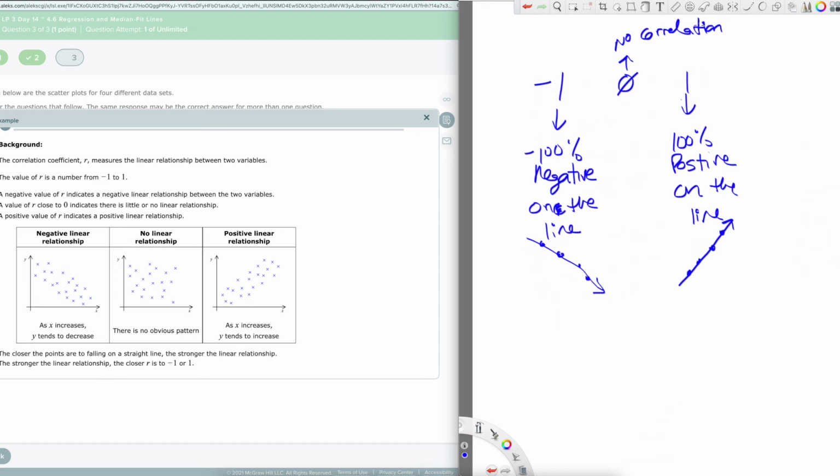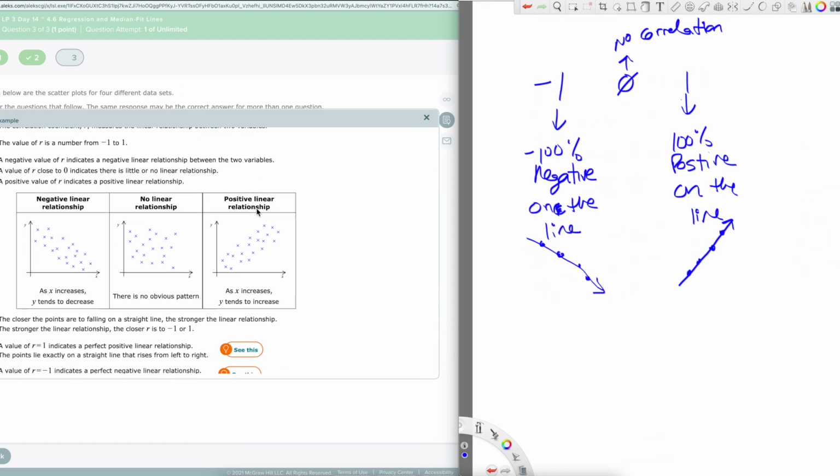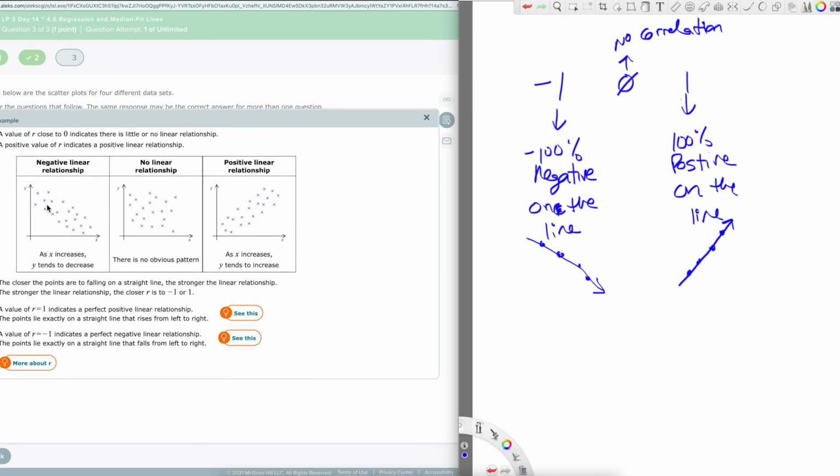So this is just the idea here, and they tell us this, X increases as Y decreases. So this is a negative linear relationship. The slope is going down from left to right. So it's not going to be a -100% though, because I can't draw a line that grabs all these points, but it'll be somewhere near -1.